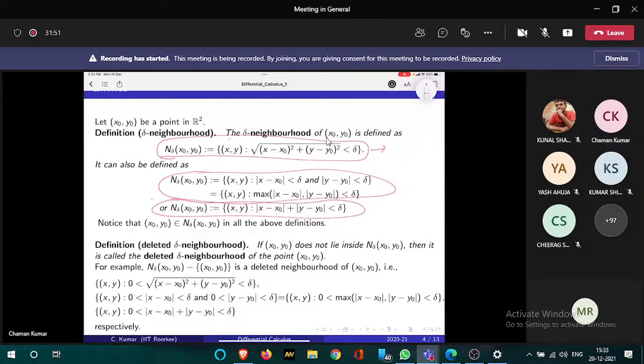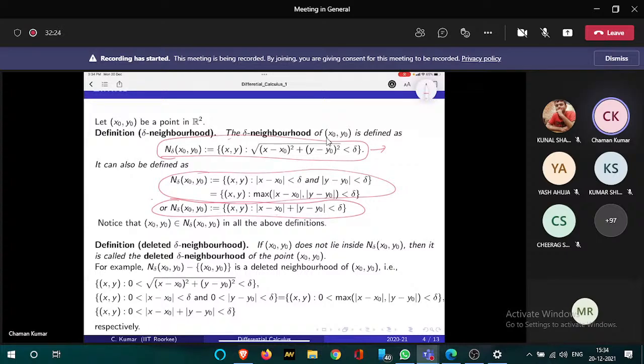Okay. So basically, you can take any shape around the point. These shapes are taken because these are standard shapes, and they can be used to solve the problems. Most of the problems you can solve using these shapes. Particularly if you go for much higher studies in mathematics, then you will see that in this R2 plane, all these shapes are equivalent.